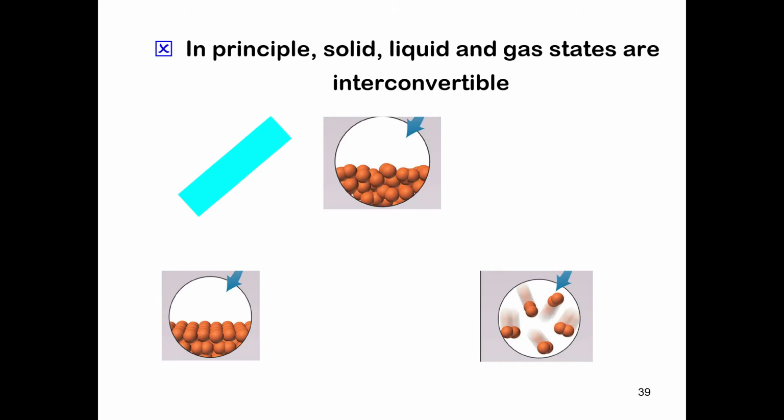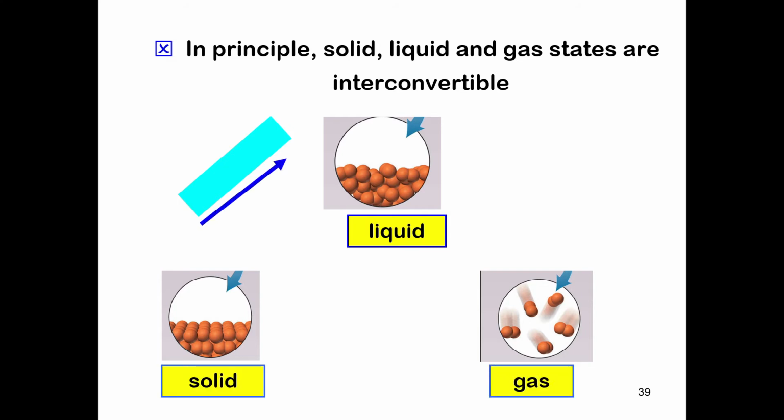Next, in principle, solid, liquid and gas states are interconvertible. Dia boleh bertukar di antara satu ke satu bentuk yang lain. So this is liquid, this is solid, this is gas. From solid changing to liquid, pepejal bertukar kepada liquid is melting, peleburan. And the reverse process is freezing.